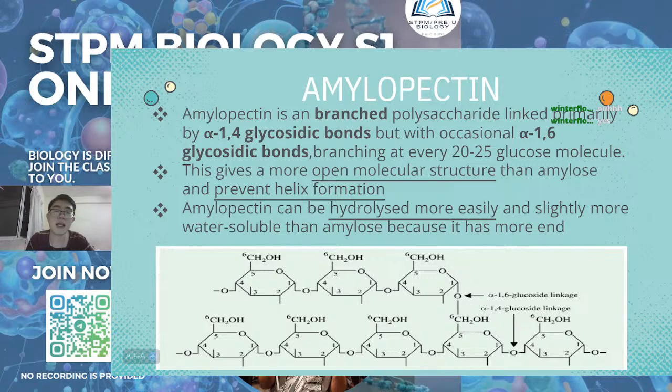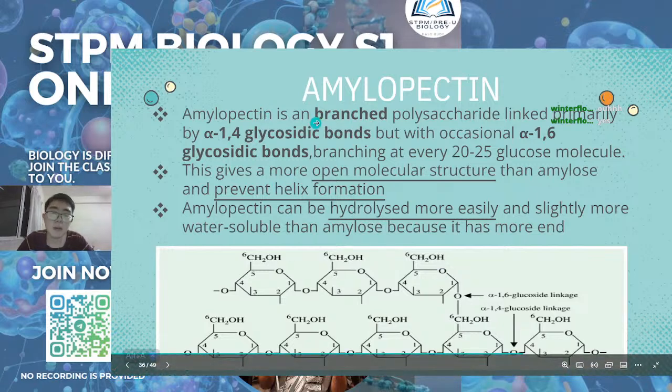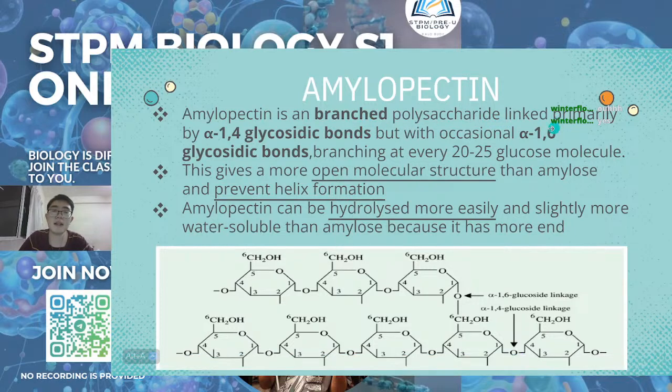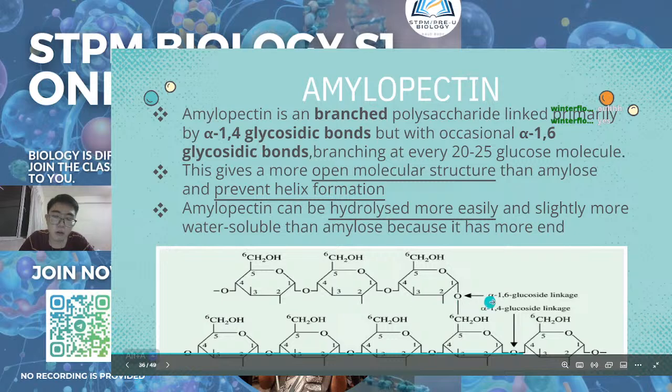Another one is amylopectin. Amylopectin is a branched polysaccharide linked by 1,4-glycosidic bonds but occasionally with alpha 1,6-glycosidic bonds, meaning amylopectin is the branched one. It is not only one straight line, but also branches with 1,6-glycosidic bonds into another line. If you see here, it has two lines. If you ignore the upper part, the bottom part is just amylose.